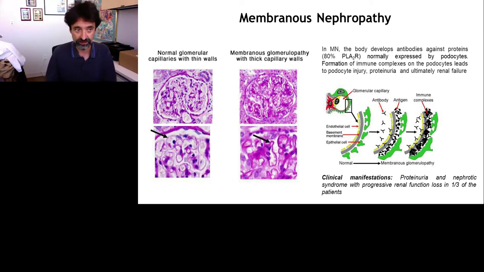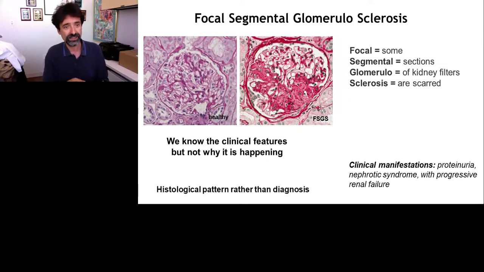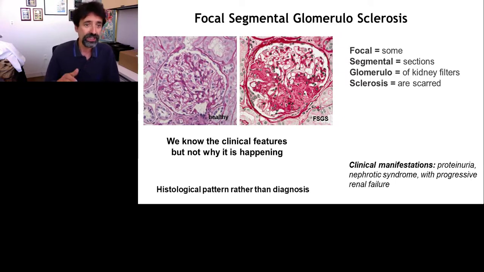The third disease we focused on is called focal segmental glomerulosclerosis. So the name means that only some glomeruli, so it's focal, and some sections of the glomeruli, so it's segmental, are interested by the sclerosis.